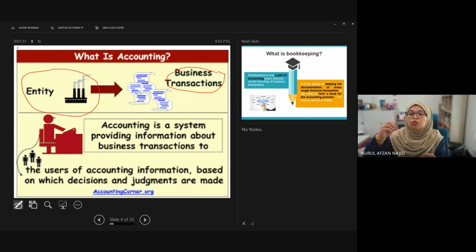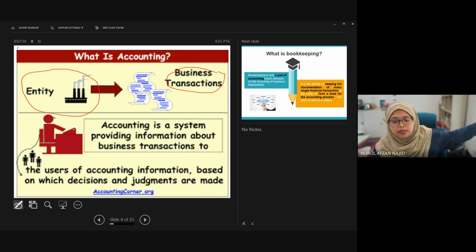Okay, so tugas accountant ni, dia akan compilekan all the information yang berkenaan dengan business transaction ni. Sebab apa kena ada accounting ni? Sebab sebagai seorang pengurusan ataupun owner of the business ataupun manager of the business, kita tak mampu nak ingat semua bisnes yang berlaku daripada bulan Januari, bulan Februari, bulan Mac.